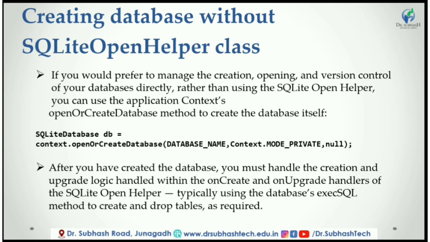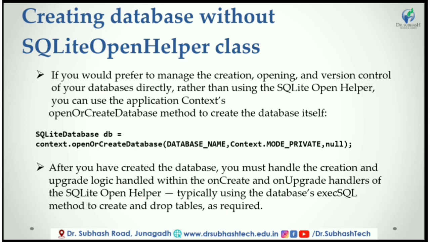You can include wildcards that will be replaced by the values passed in through the selection arguments parameter, an array of selection argument strings that will replace the wildcards in the where clause, a group by clause that defines how the resulting rows will be grouped, a having clause that defines which row groups to include if you specified a group by clause, a string that describes the order of the returned rows, and a string that defines the maximum number of rows in the result set.